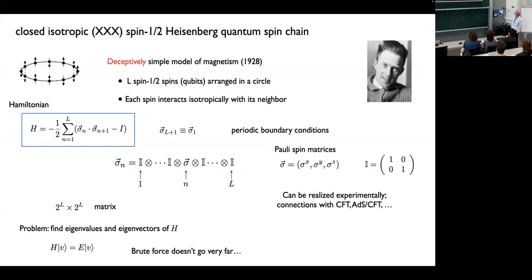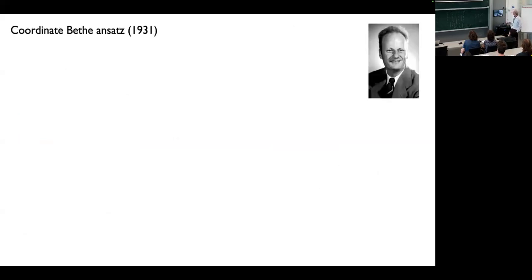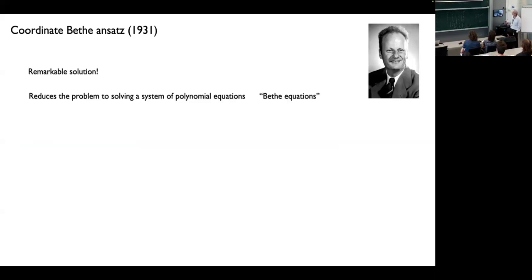But remarkably, just a few years after Heisenberg proposed the model, Bethe found a remarkable solution, now known as coordinate Bethe ansatz. He reduced the problem to solving a system of polynomial equations, known as Bethe equations.